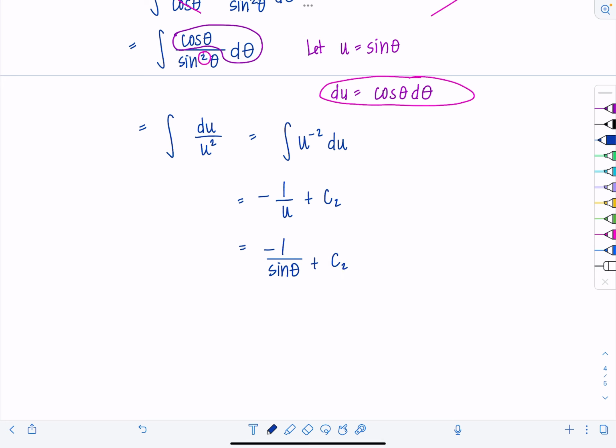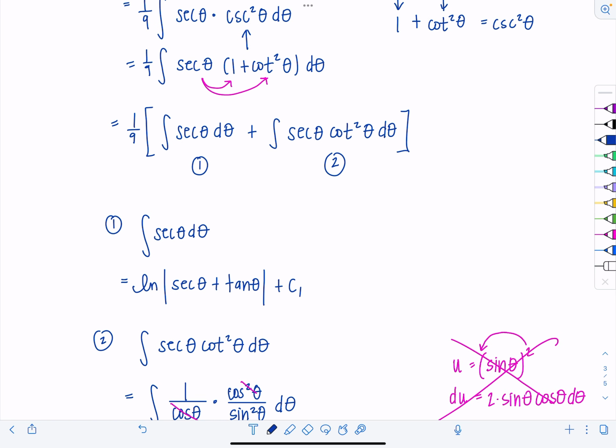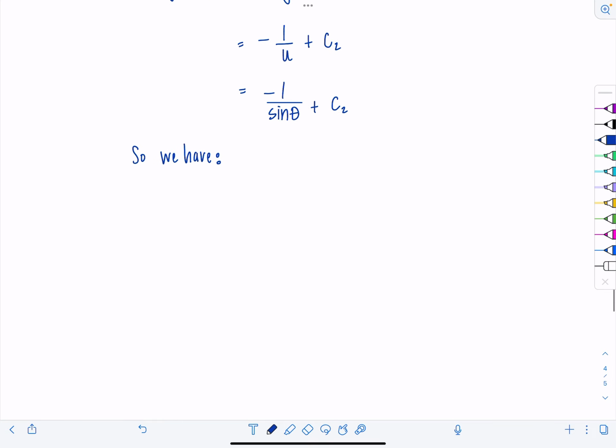All right, so putting everything together, what do we have? Remember when I broke it up into integral 1 and 2, I still had a 1/9 sitting outside of everything. So we've got to put that 1/9 back. We have 1/9 times ln, absolute value, secant theta plus tan theta, minus 1 over sine theta.